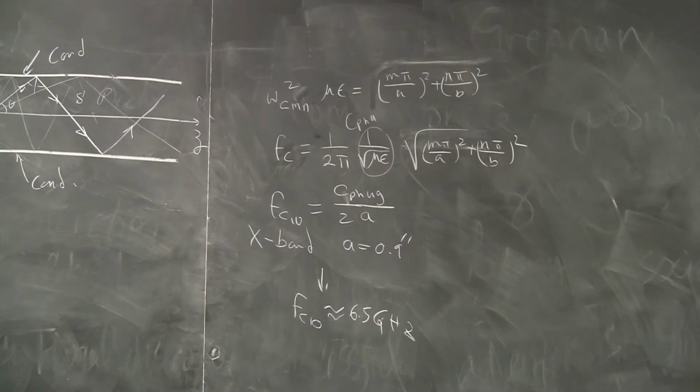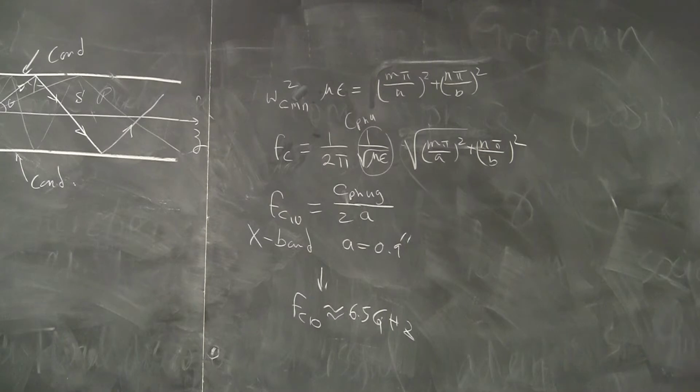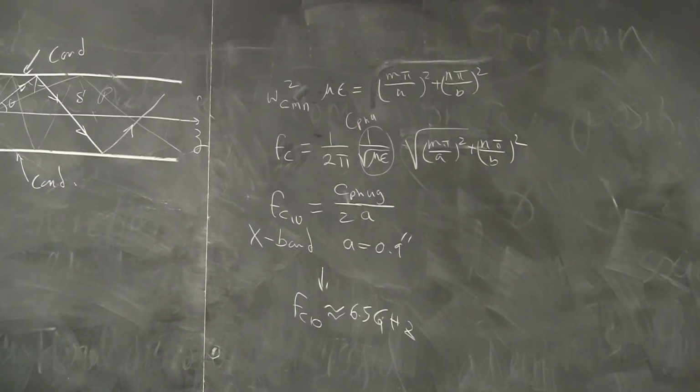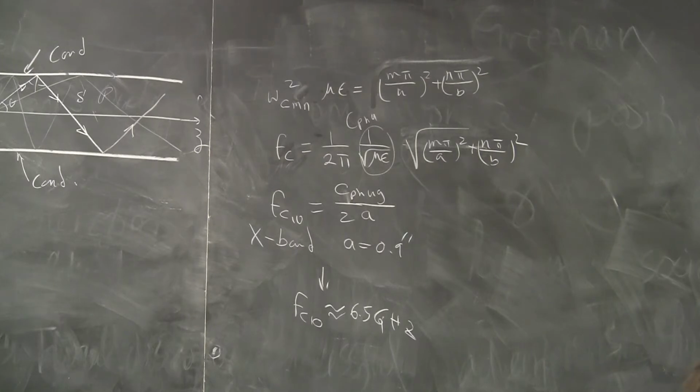So I put here 6.5 gigahertz divided by my frequency. Say we're operating at about 10 gigahertz. Right? You can get the angle of this mode at that particular frequency. That's how you work this one out.